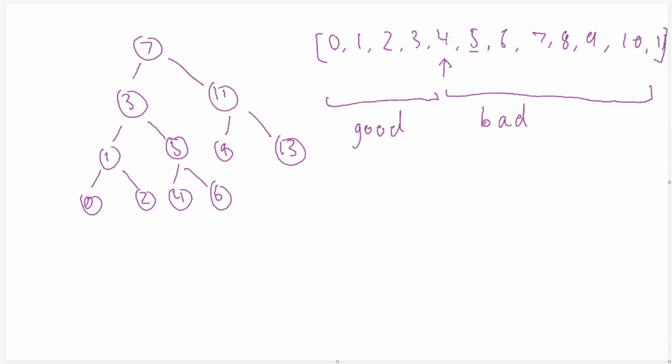It seems like if the values are equal, if lower and upper are equal, and they are bad, then we know we found our value.